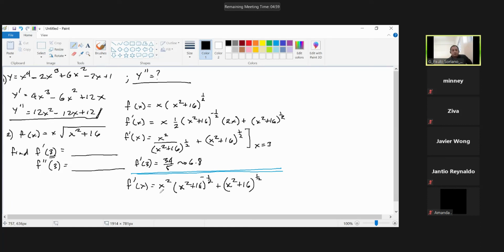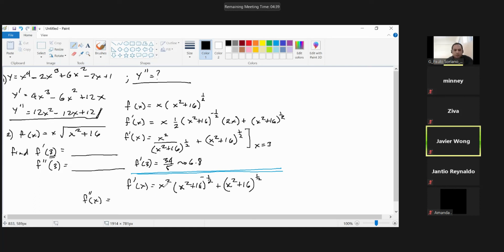So f double prime. It's the chain rule here again, and the product rule.